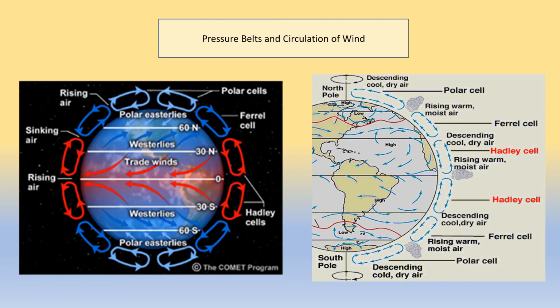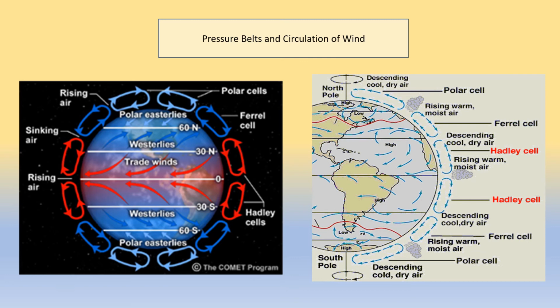And in the polar area, which has very cold climatic conditions, the air is trying to descend, and because of that a high pressure belt is developed. A polar cell is called a Ferrel cell, and Hadley cell, the names of different scientists which are given.